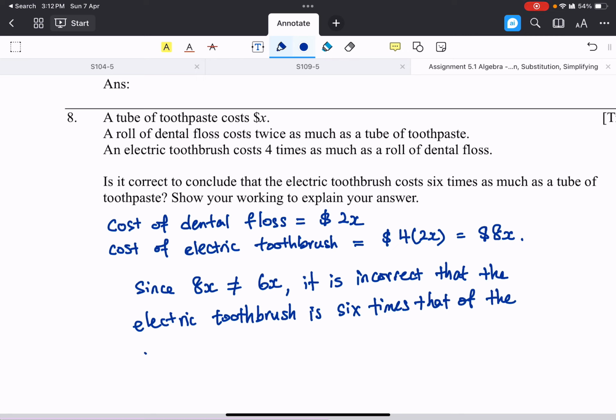Oops, let's spell that properly. There we go. Okay. To be more accurate in our description, let's write proper English: it is incorrect that the cost of the electric toothbrush is 6 times the cost of the toothpaste.